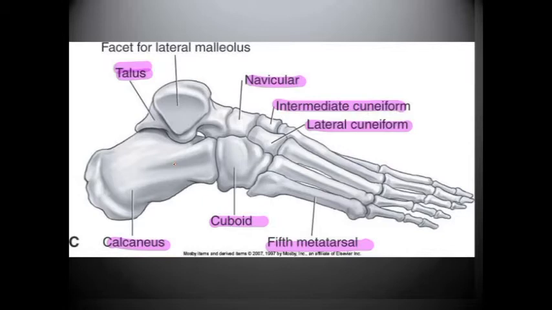Here is a lateral medial view, and we see that we have the cuboid, lateral cuneiform, intermediate cuneiform, navicular, talus, calcaneus, sinus tarsi, 5th, 4th, 3rd, 2nd, and 1st metatarsals, and we can see the proximal, middle, distal phalanges all the way.